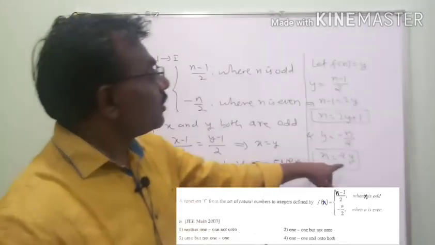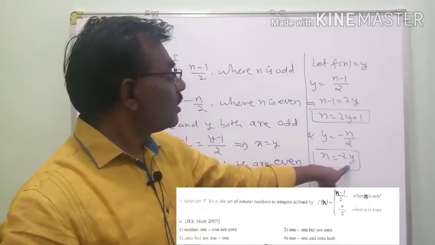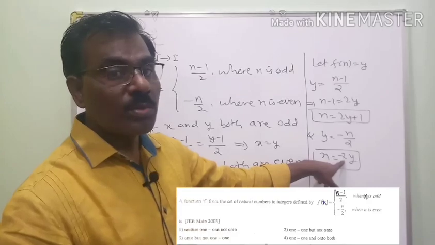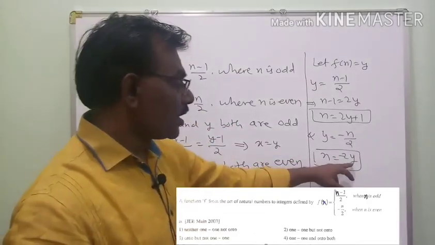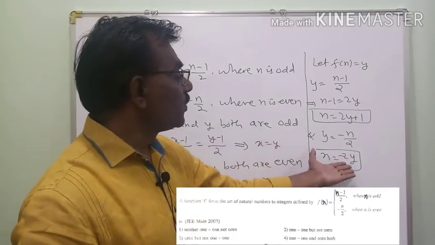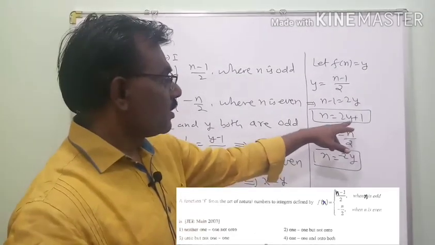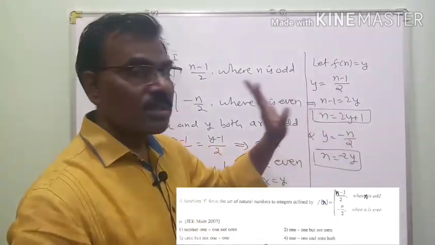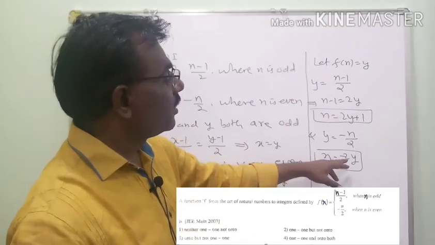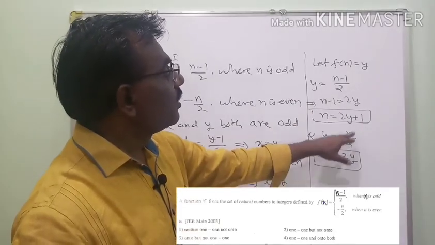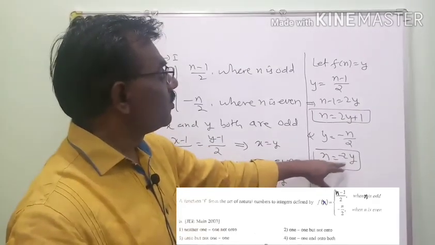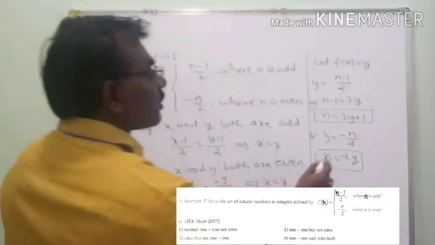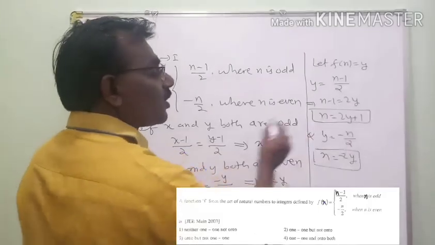Okay, here if y is a negative integer, then what will you get? An even number. If y is negative, n is even. If y is positive, then n is odd. So you get both. Here y is a negative integer, here y is a positive integer. So both are associated with what? Natural numbers. Here an even natural number, this is an odd natural number.